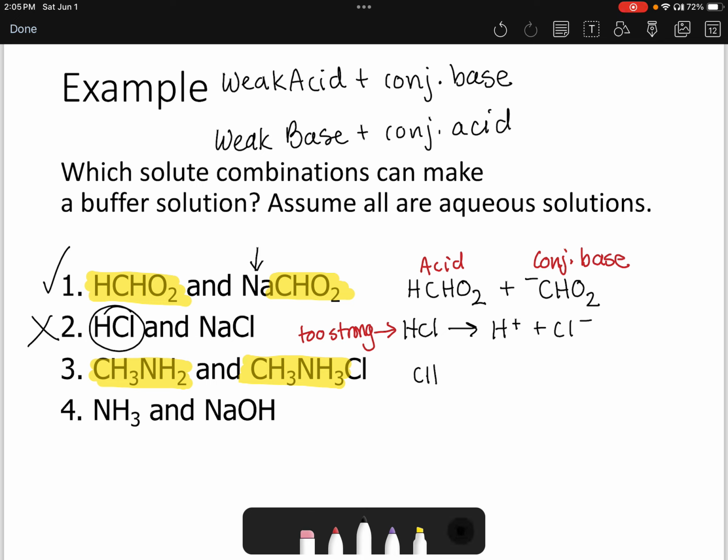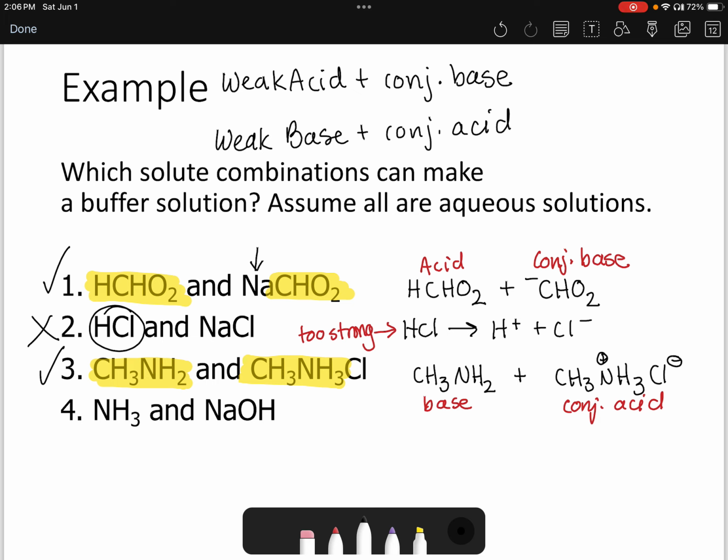So let's rewrite that. We have CH3NH2 and CH3NH3. And this nitrogen would actually be positively charged, and the chloride here is just balancing that charge. Okay, so we have a base, and it gains a hydrogen to become a conjugate acid. So this would probably work as a buffer.